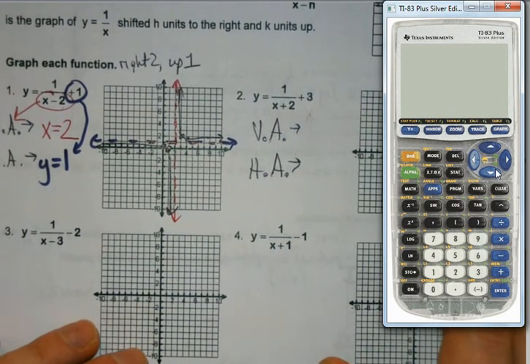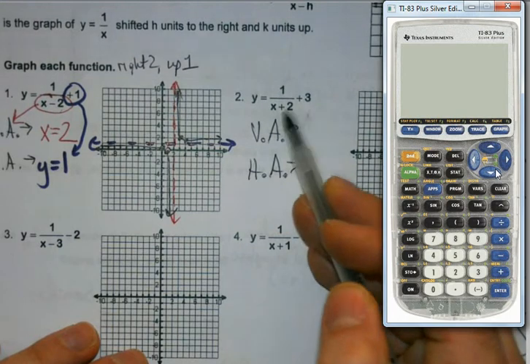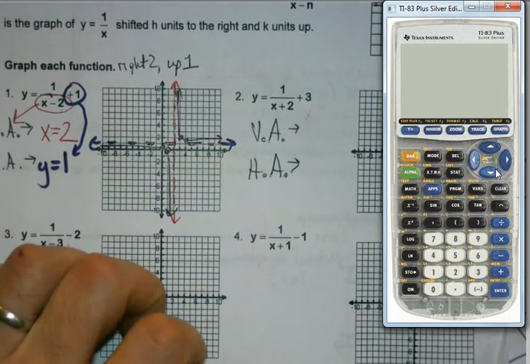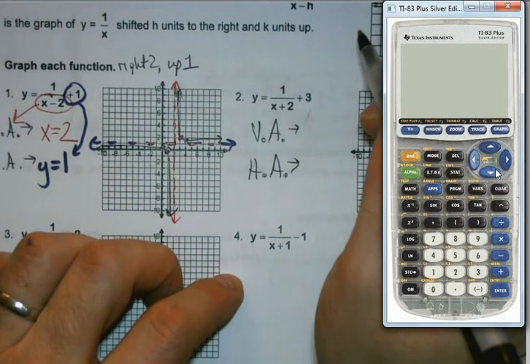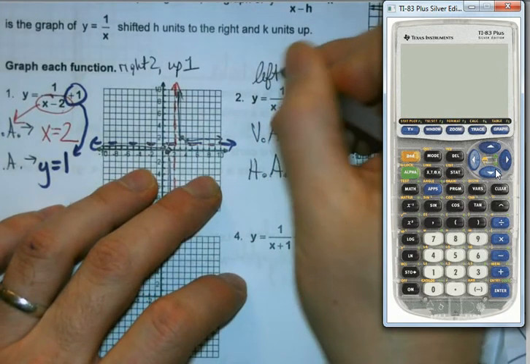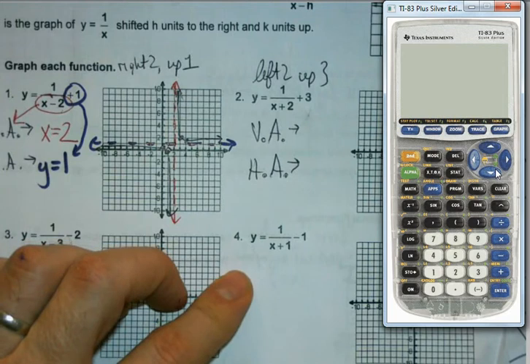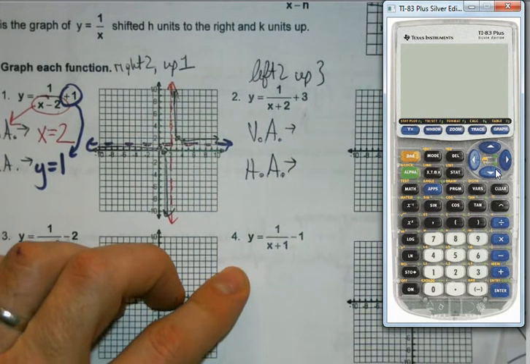So all right, let's correlate again here. What are my shifts in number 2? -2. That's one step ahead. Okay. Left 2, up 3. So what does that mean for my vertical and horizontal asymptote? -2.